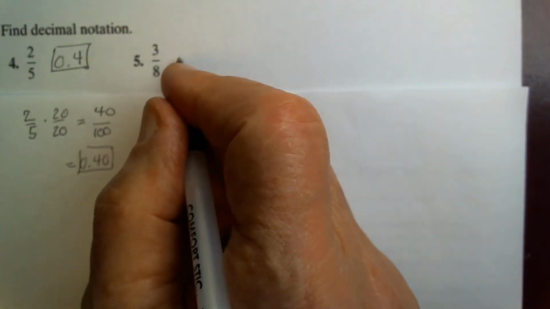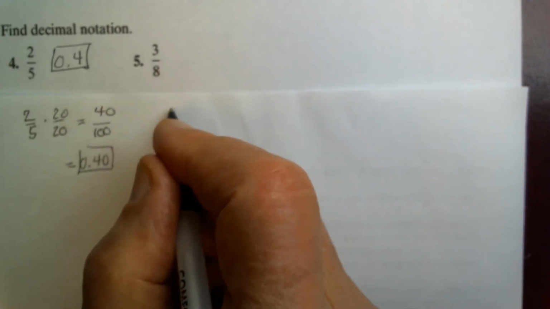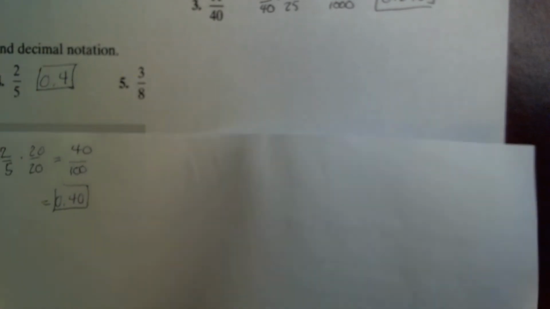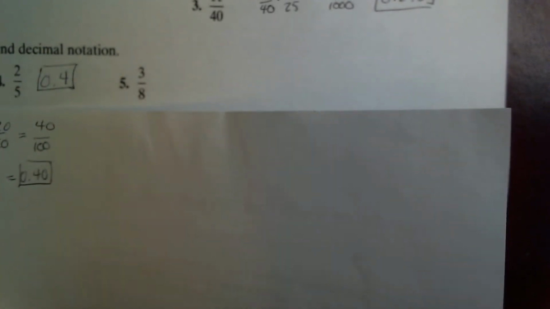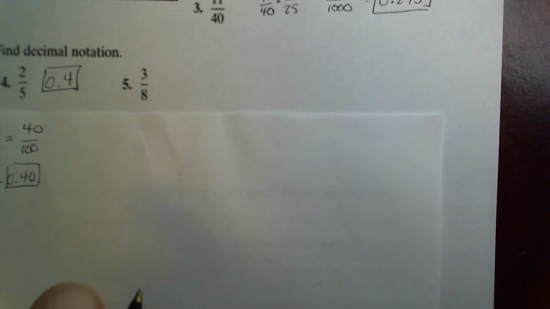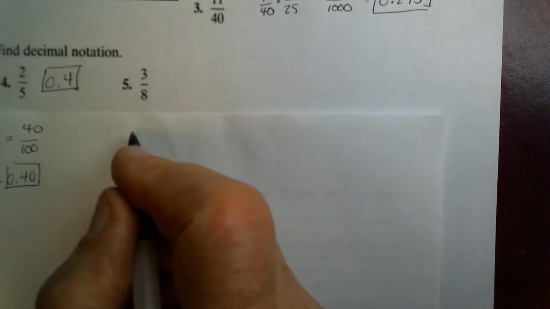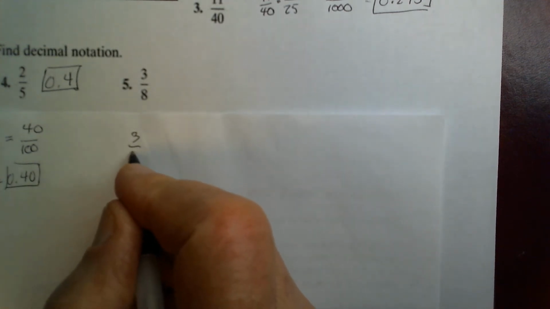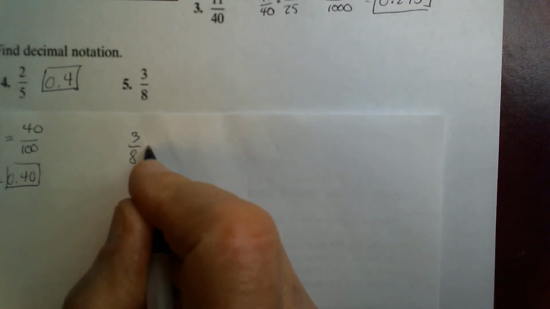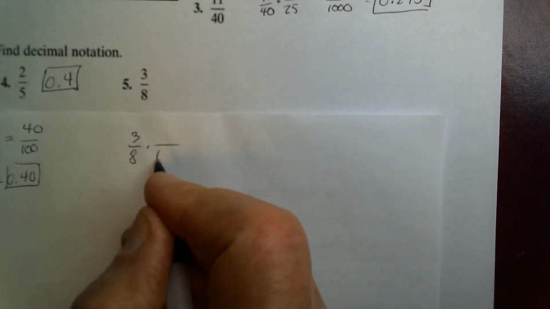3/8. Let's do it in 2 ways. One way we can multiply the numerator and denominator by 125.